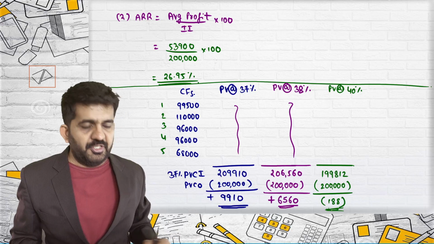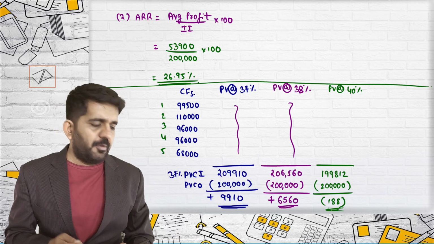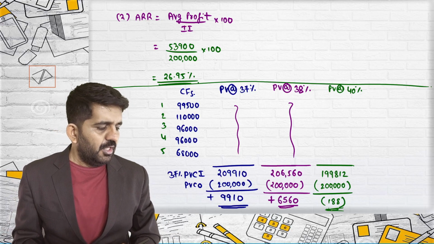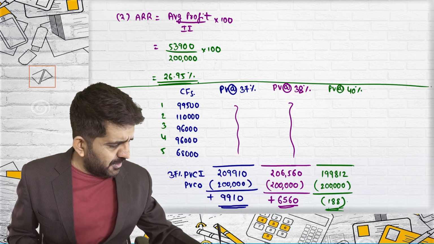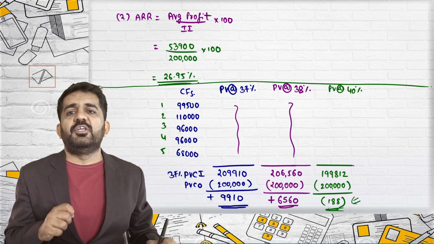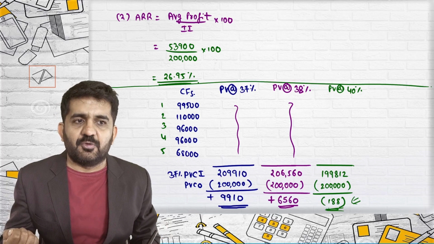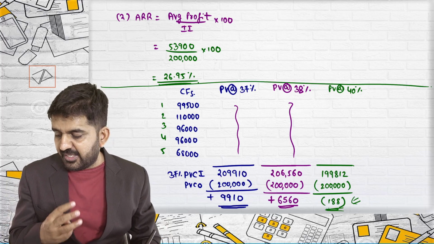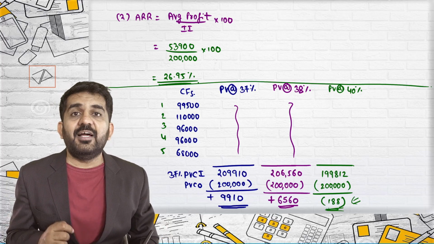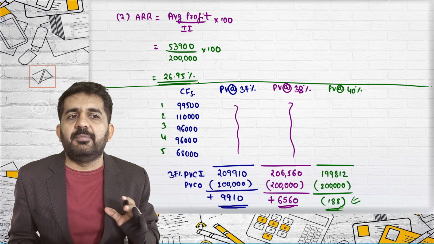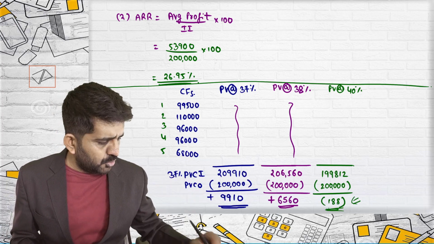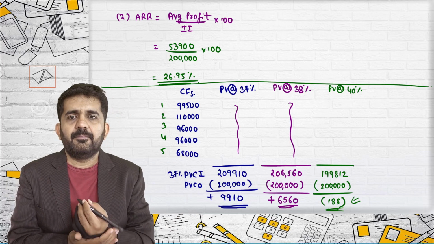Because this is very near to 0. But still we'll be using interpolation technique and find out IRR. Please understand this figure might be different if you use different technique for finding out present value. In book they have taken 3 decimals. We are taking all the decimals which are available in calculator. We are doing it with M plus, so the answer would be different.